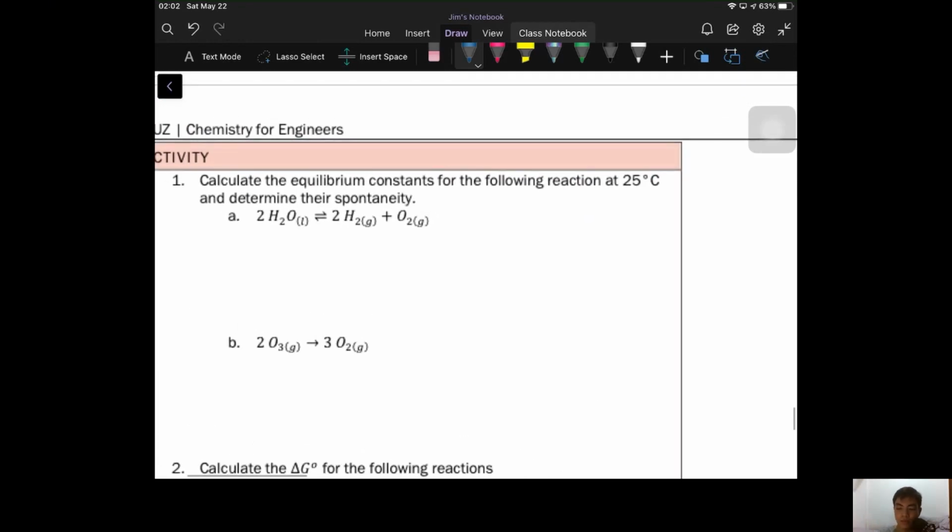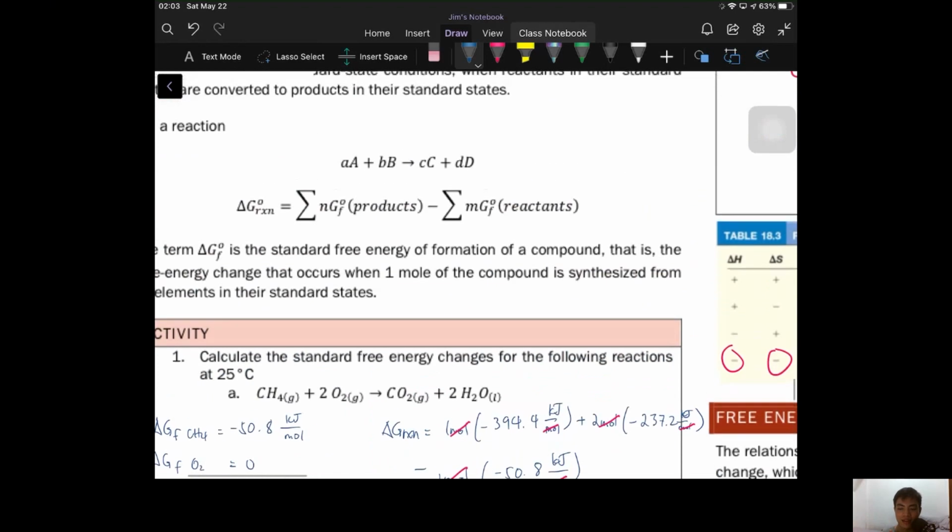So, kunwari, dito sa number 1, calculate the equilibrium constant for the following reaction at 25 degrees Celsius and determine the spontaneity. Okay. So, since we are solving for K, hinahanap yung K natin dyan, ibig sabihin ng kailangan natin ay delta G naught. Okay? So, ano yung delta G naught na ito? Yun yung equation na ginamit natin kanina. Okay?